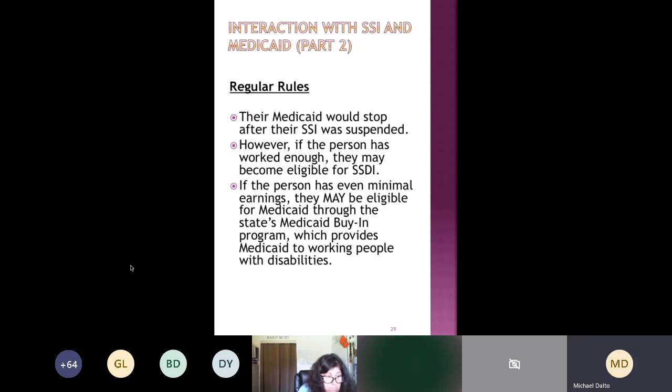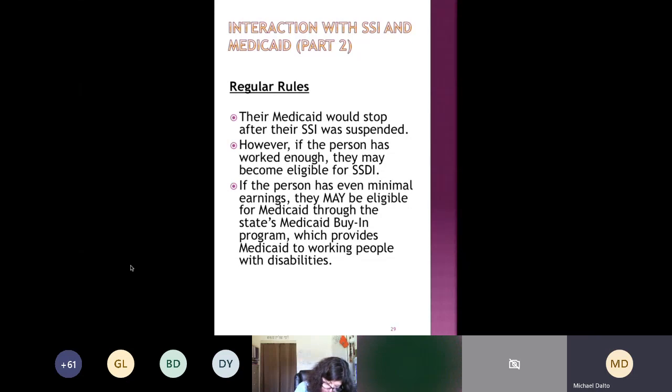And ordinarily, in most states where a person is automatically eligible for Medicaid if they get SSI, their Medicaid would stop after their SSI stopped. The amount of time it would take before the Medicaid stopped may differ from one state to the next, but usually within a few months, the Medicaid would stop.